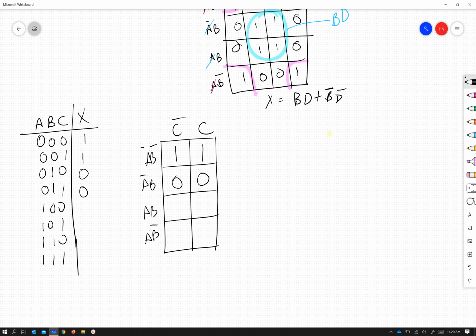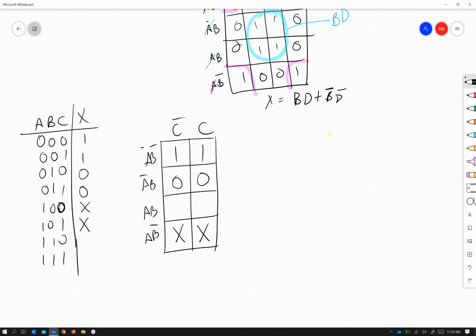The next situation was this one, where it's like, you know what, I don't care if it's a 1 or a 0. And this one, I don't care if it's a 1 or a 0. So the output can be on or off, it doesn't matter. So that one would be there and that one would be there. So you just, X means it doesn't matter if it's 1 or 0.